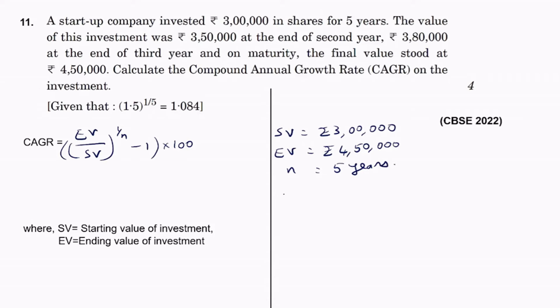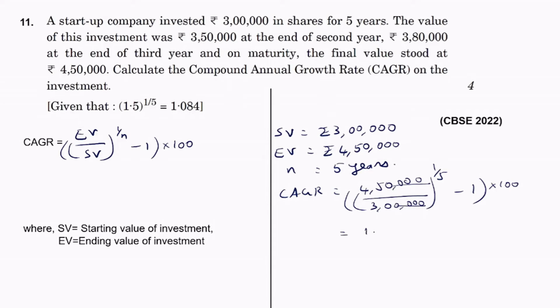So using all these, we can find the compound annual growth rate. So it is ending value 4,50,000 upon starting value 3 lakhs, the whole raised to 1 by n, that is 1 by 5 minus 1 into 100.